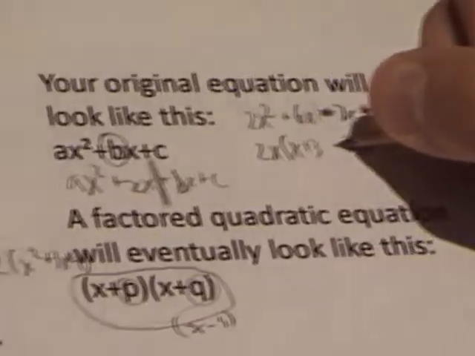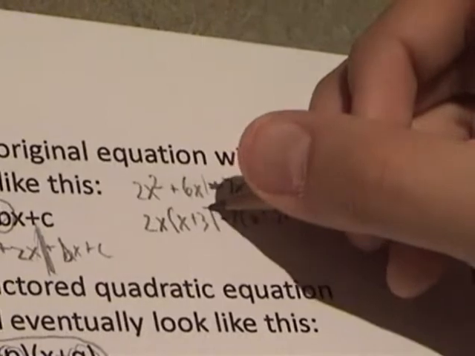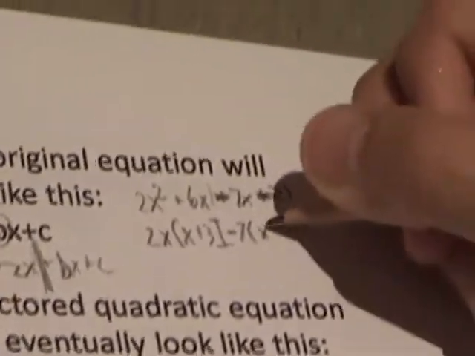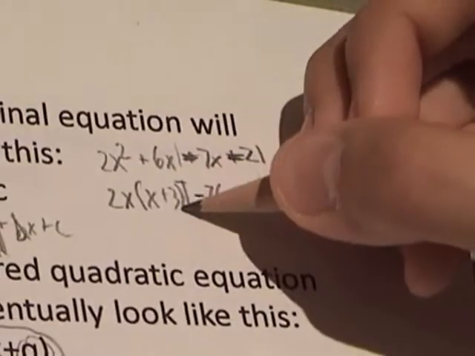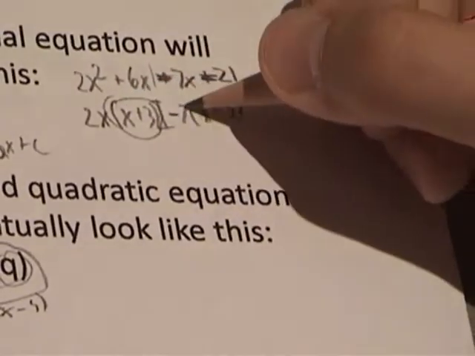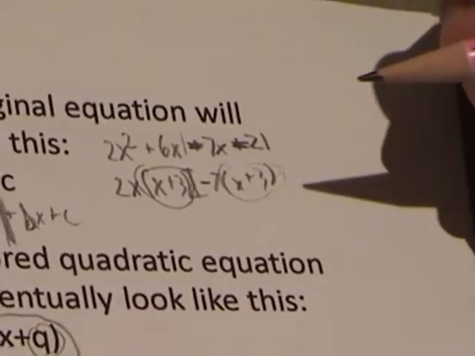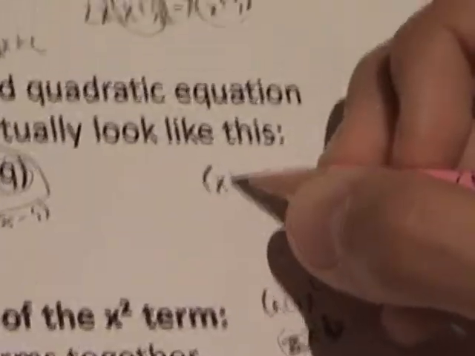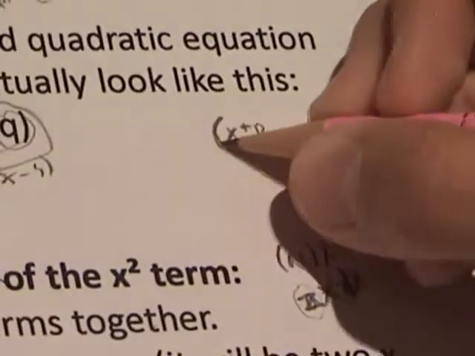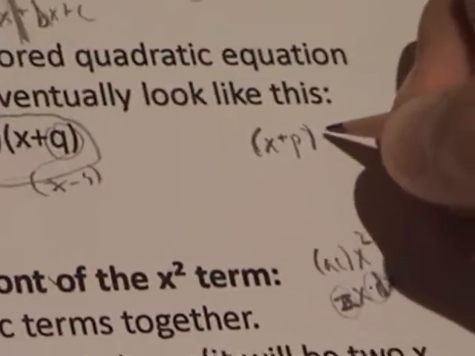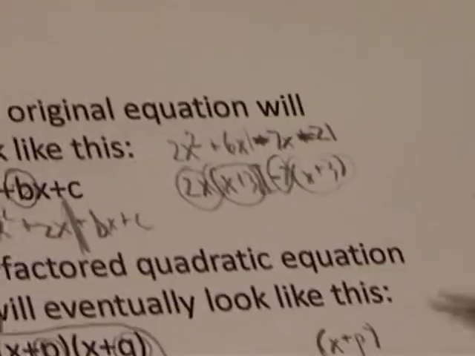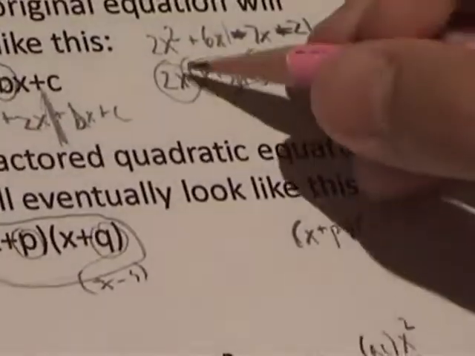Then your common factor will be negative 7 times x plus 3. This parenthesized chunk, x plus 3, has to be the same in order for you to continue. Take that chunk, and it's going to become your x plus p. Then the terms that you're multiplying the chunk by will become your second x, and this will become your q.